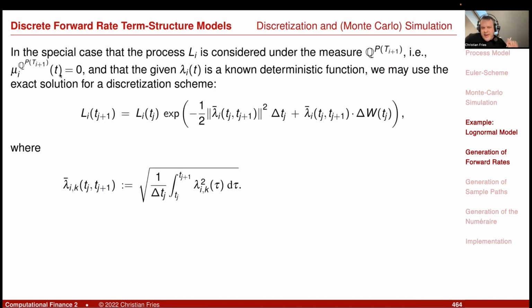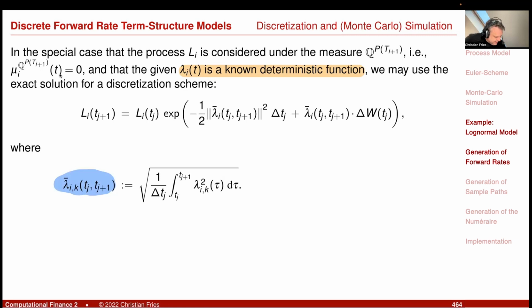If the lambda I of t is a known deterministic function, but maybe not a constant, sometimes it is possible to improve the accuracy because you can calculate, say, the effective Brownian increment by introducing some lambda I bar.